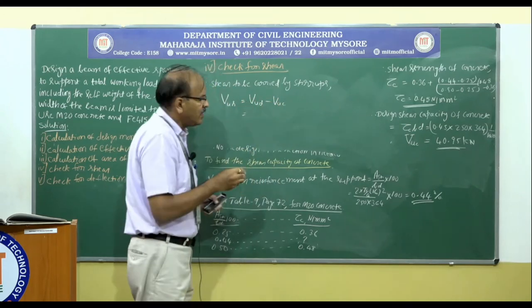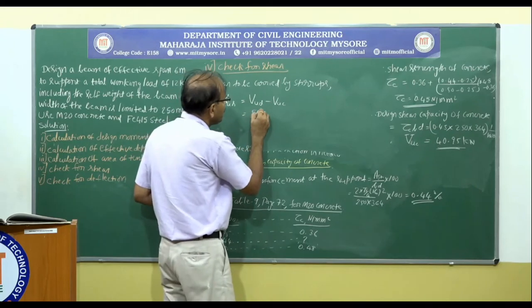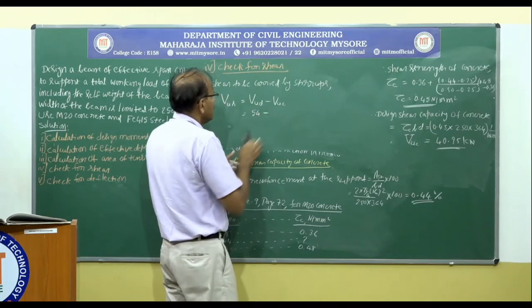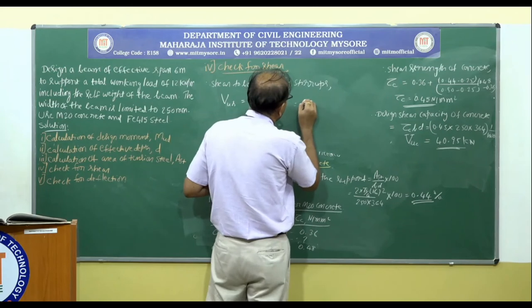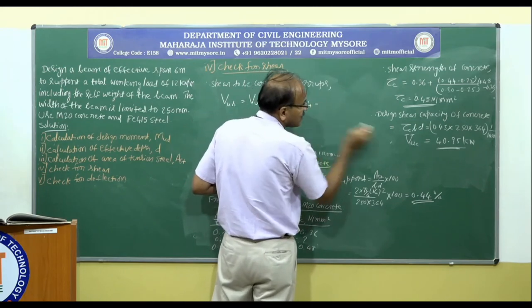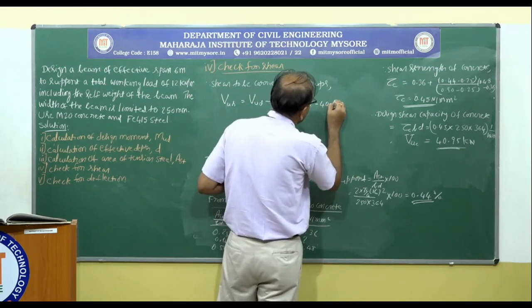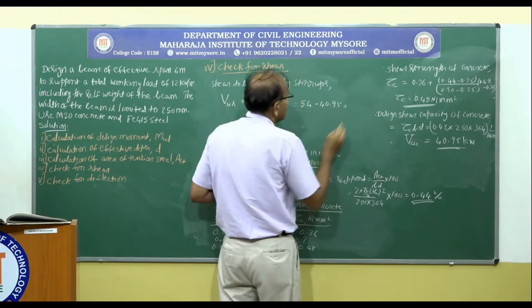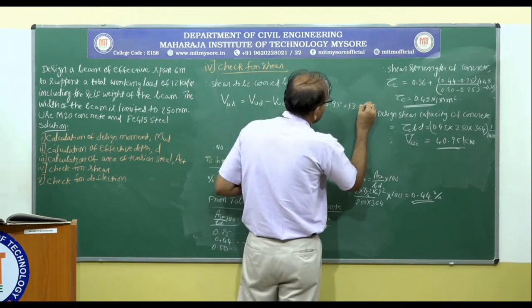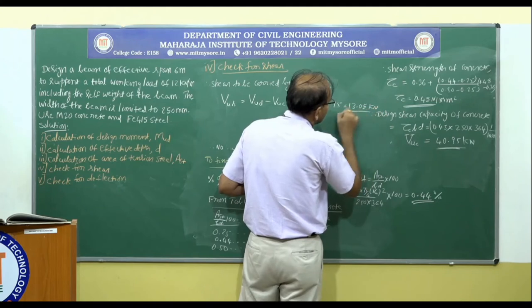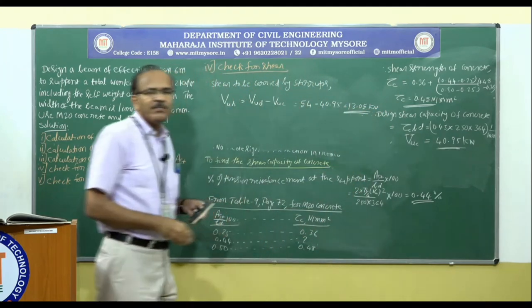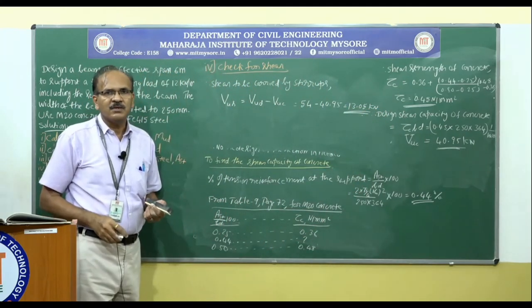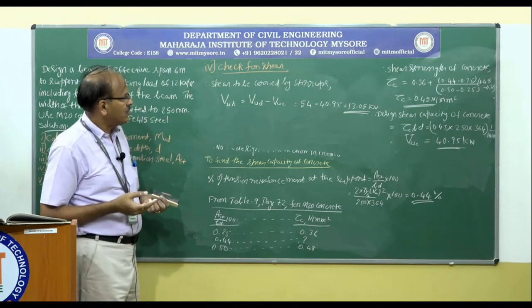So what is VUD? That is 54 kilonewton minus 40.95 kilonewton, that is equal to 13.05 kilonewton. So this is the shear to be carried by the reinforcement, that is stirrups.